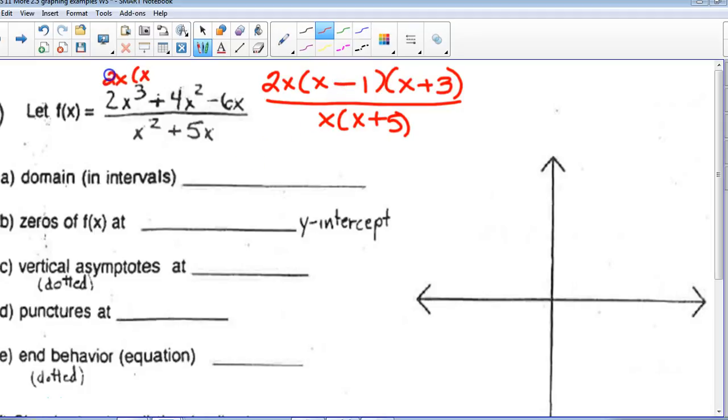Did I get it right or not? Okay. This is a hard question, harder than what's on the quiz.